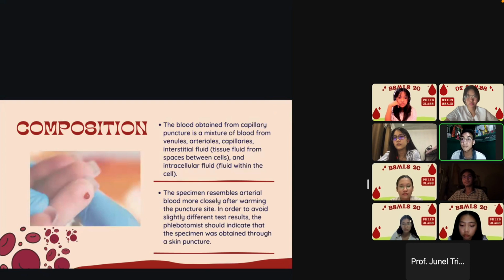The specimen resembles arterial blood more closely after warming the puncture site. Because of this, in order to avoid slightly different test results, the phlebotomist should indicate that the specimen was obtained through skin puncture.